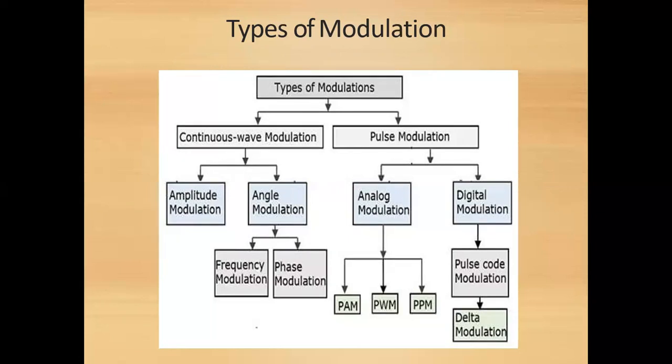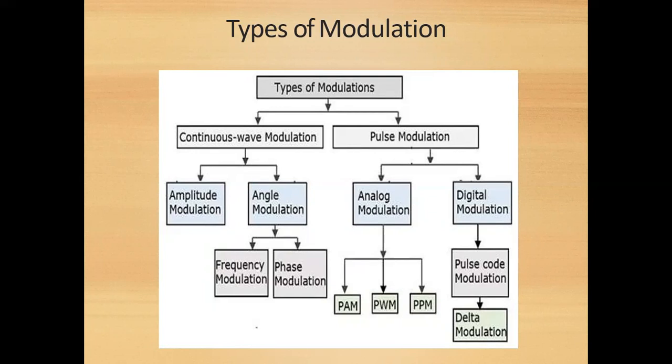Coming to pulse modulation, under analog modulation techniques, we will be observing PAM, PWM, PPM, where PAM means pulse amplitude modulation, PWM means pulse width modulation, and PPM means pulse position modulation. Under digital modulation, we will be seeing pulse code modulation and delta modulation.